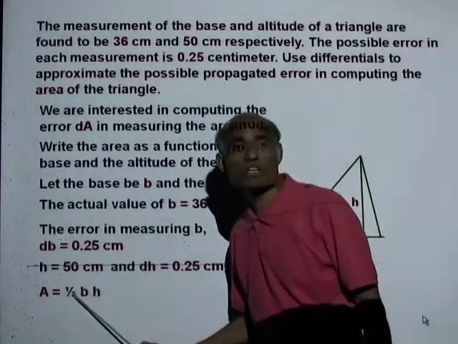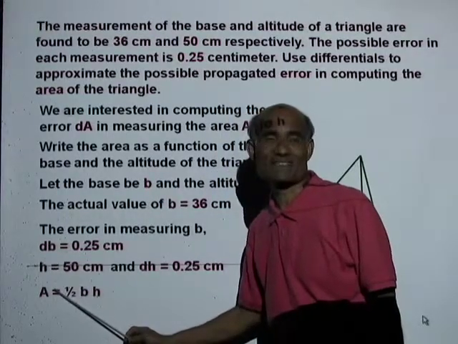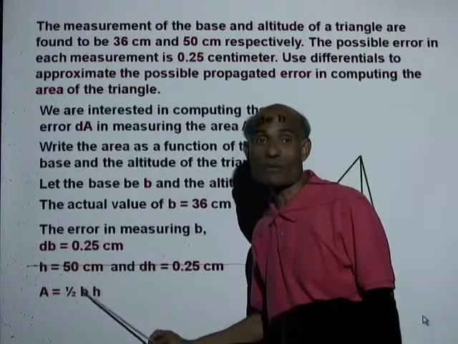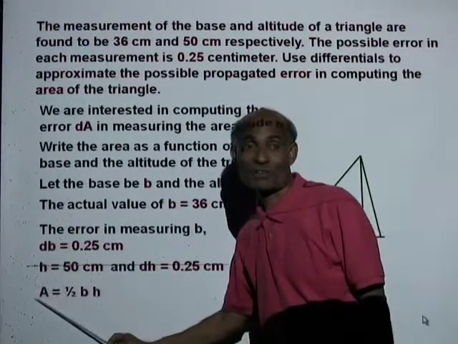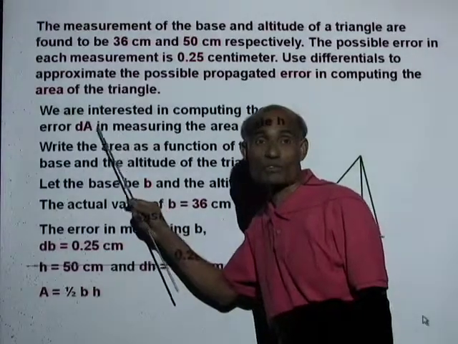Alright, can you stop the video here and find the differentials of both sides? Remember, the right side is the product of two variables. In other words, the differential of the left side will be dA, and that's what we want.